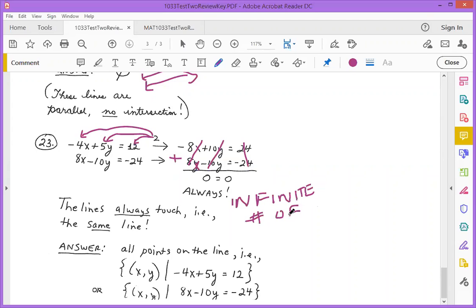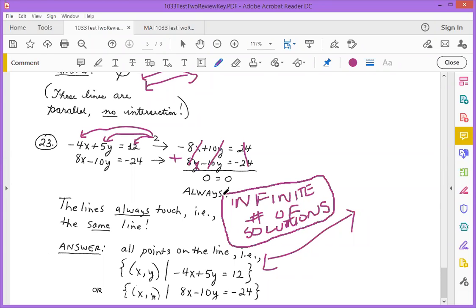And this graph would be a single line where both of those equations would have the same line on top of each other. So it's an infinite number of solutions. It could be any number on the number line.